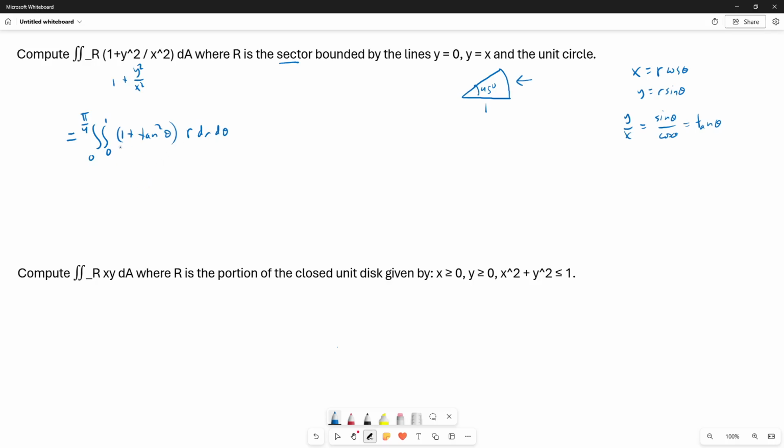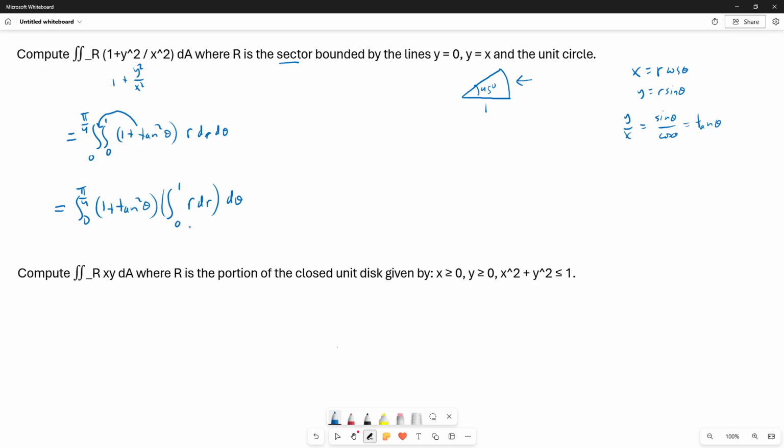Now this integrand, the 1 plus tangent squared theta, is a constant as far as r is concerned, and so we can take it outside of the r integral, and this becomes the integral from 0 to pi over 4 of 1 plus tangent squared theta times the integral from 0 to 1 of r dr d theta.